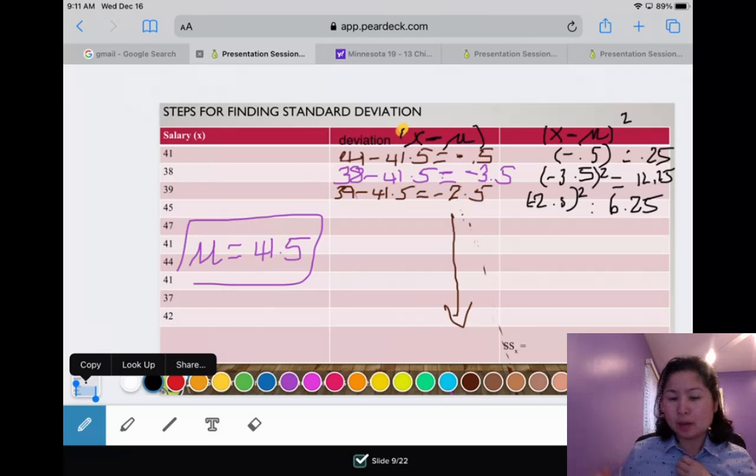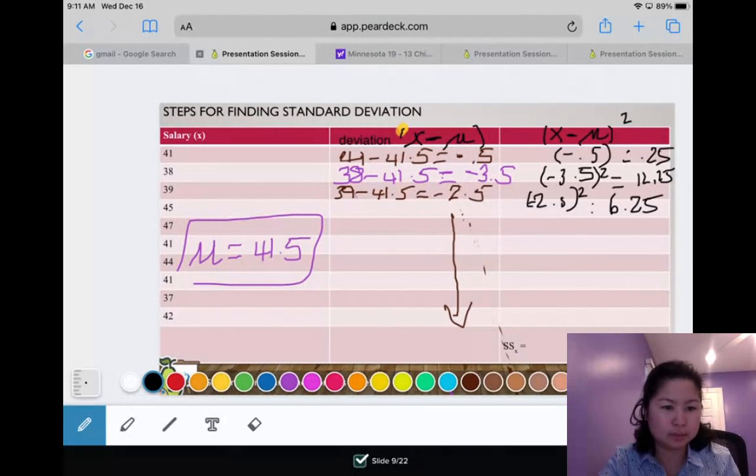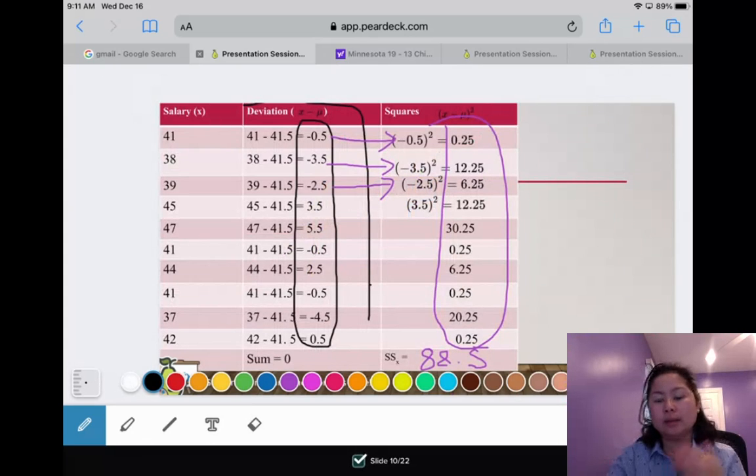Okay, so we got these values. I'm going to go back to the table that already has the values filled out, so that we're not going to spend too much time on this one. Over here, these are the values that we got.